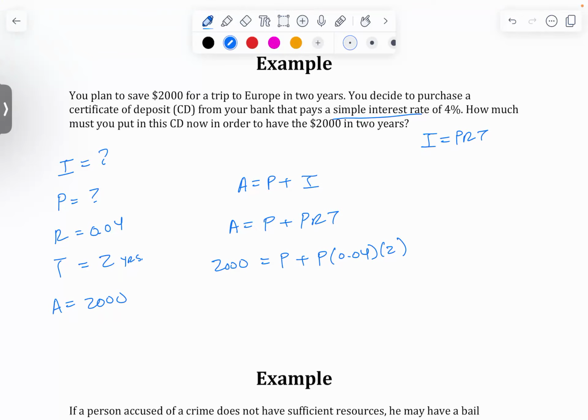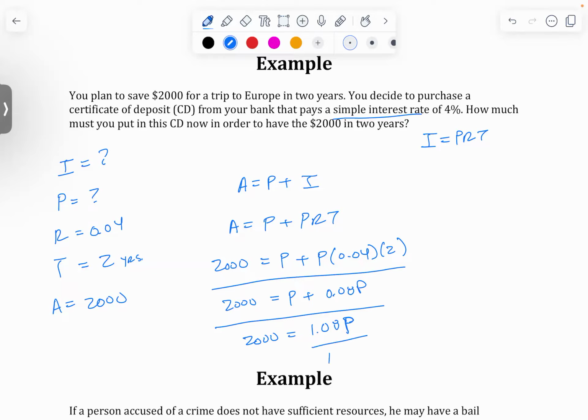So that gives me, I guess let's write this out one more time just to emphasize this. P plus 0.08P, that becomes 1.08P. Just to emphasize, I see people mess that up because they don't know how to add variables with decimals, right? All the same algebra we've been doing and you have done most of your lives.